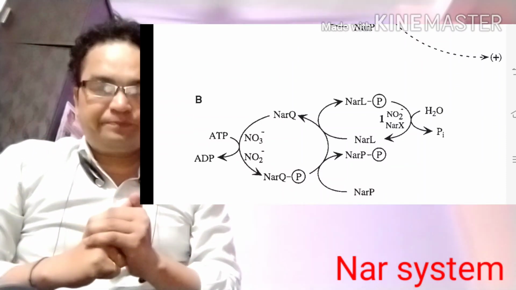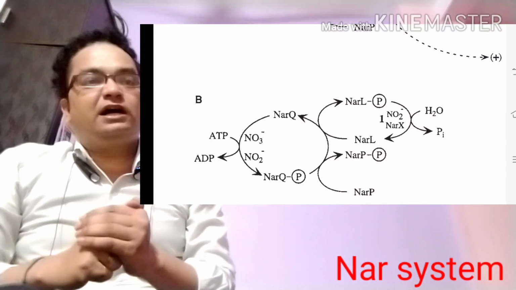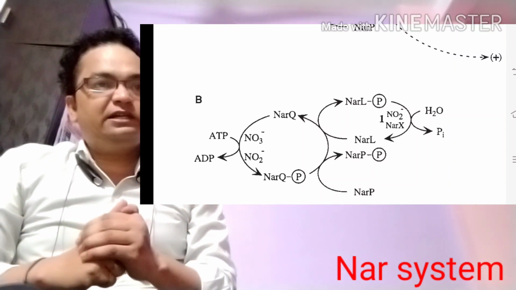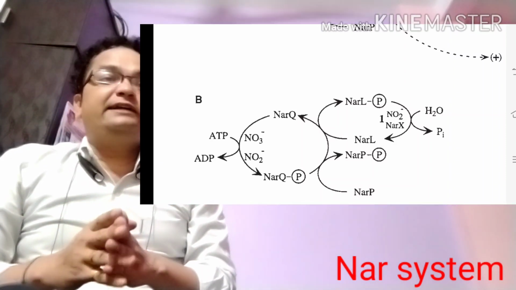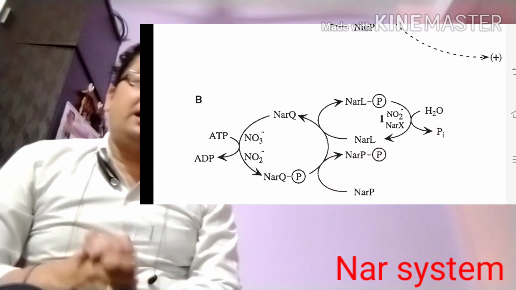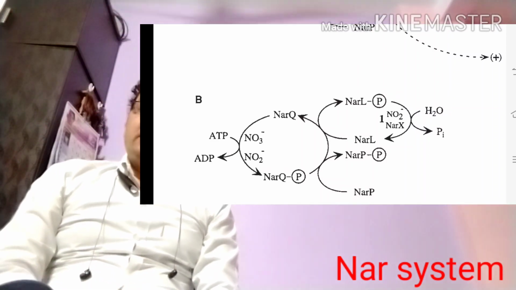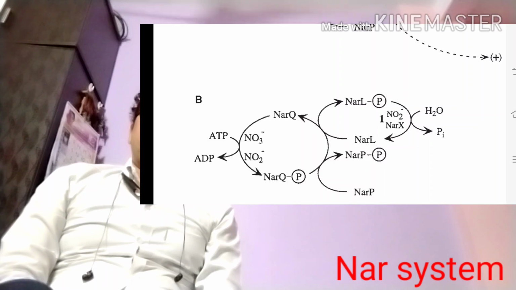So NAR-L and NAR-P are the two response regulators in this system, and NAR-X and NAR-Q are the two histidine kinase proteins in this system. And the role of phosphorylated NAR-L is similar to that in the presence of nitrate. So this is a two-component regulatory system.